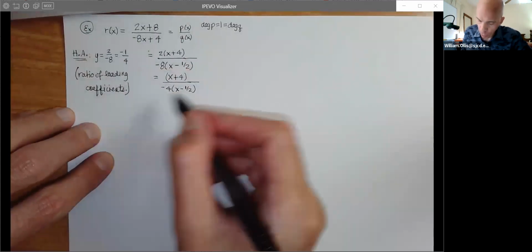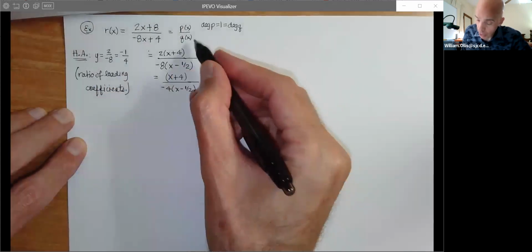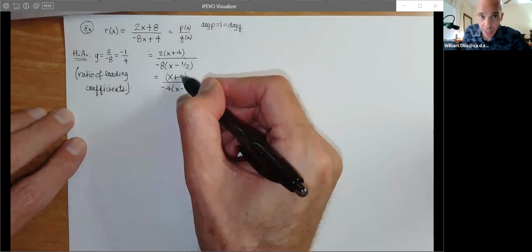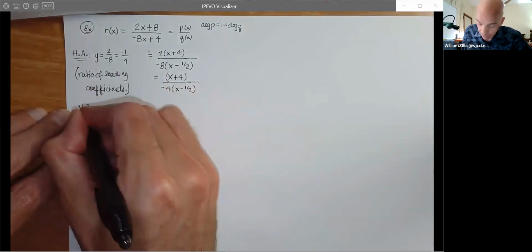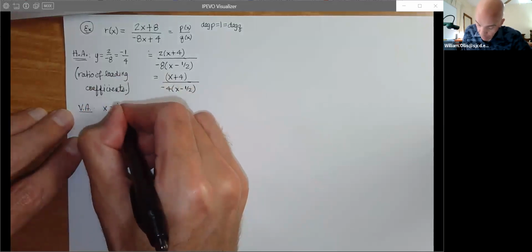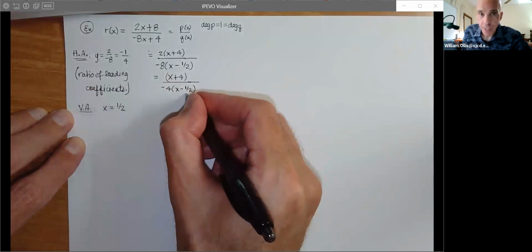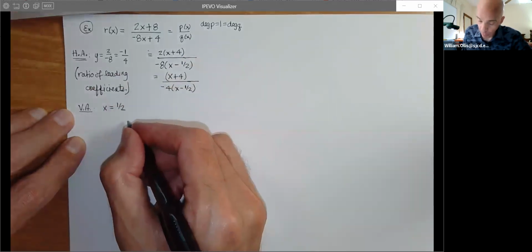Now we're thinking, okay, well, we have a 0 of q here, which is 1/2, which is not a 0 of p. So we have vertical asymptote x equals 1/2. Again, 1/2 is a 0 of the denominator, but 1/2 is not a 0 of the numerator.